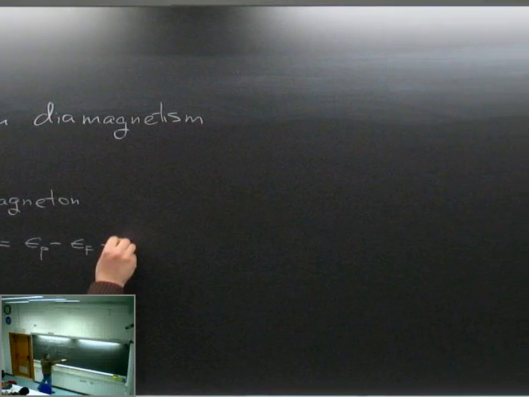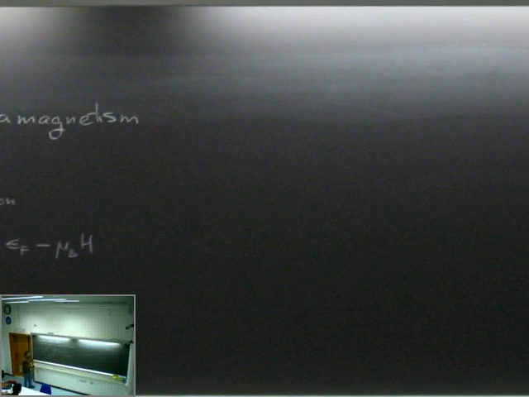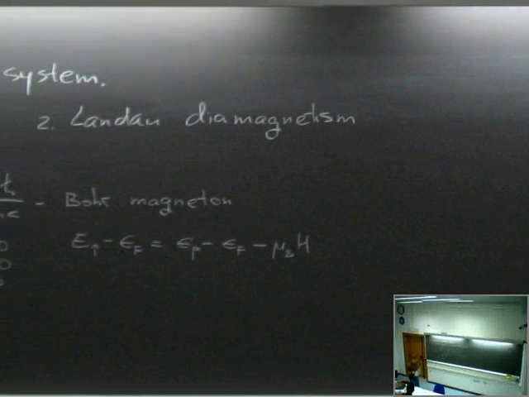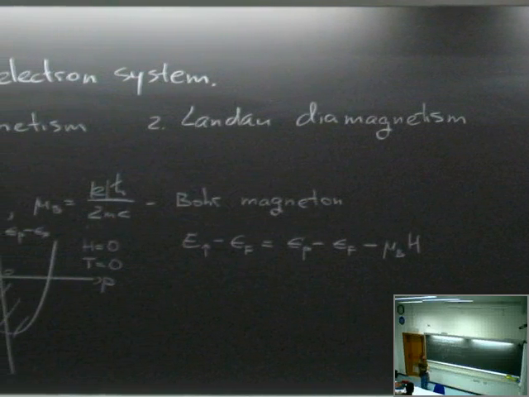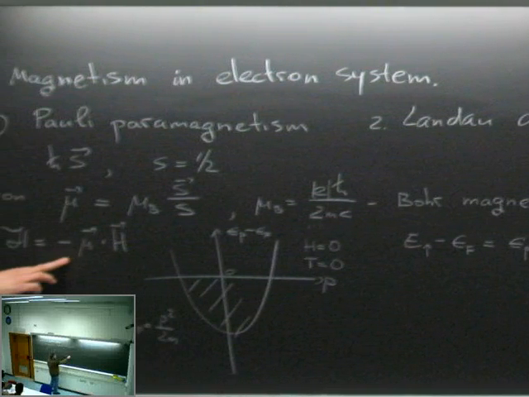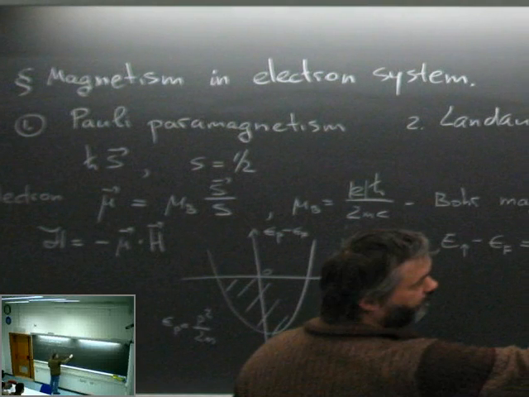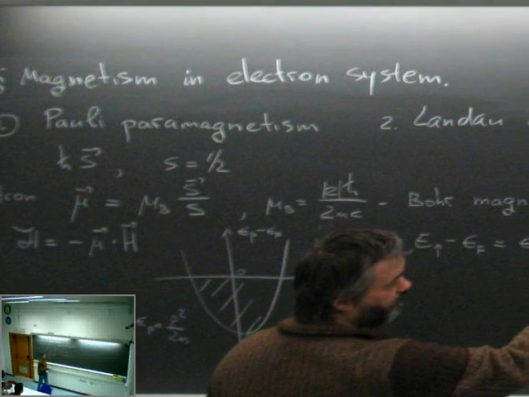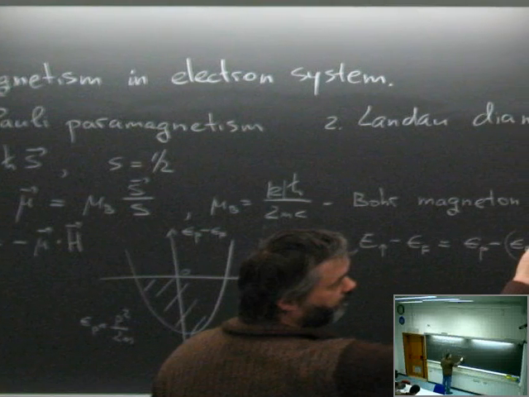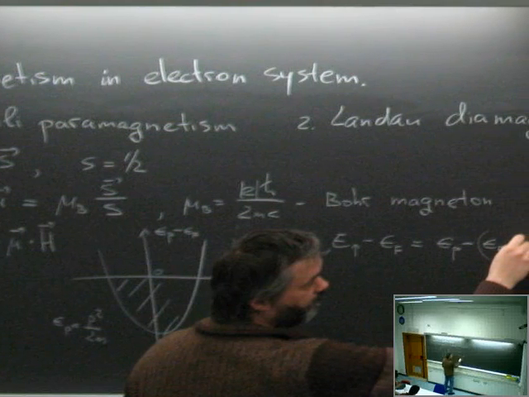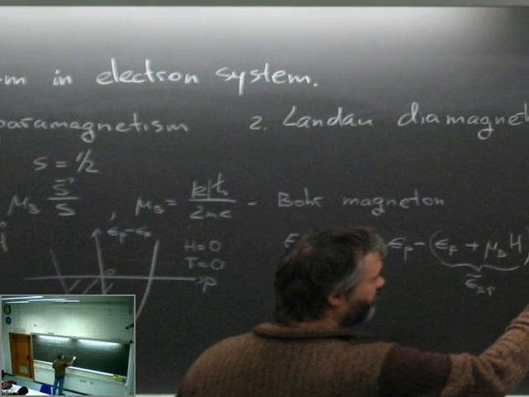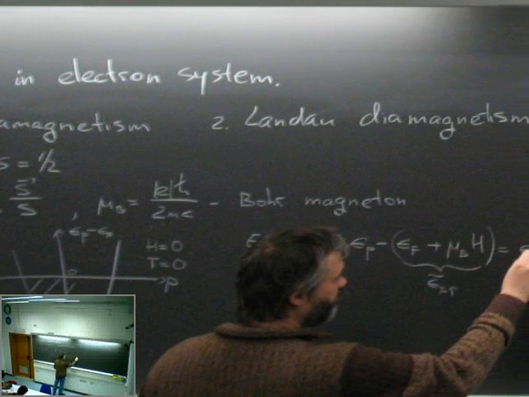So this is just an addition to the energy, and you see the sign is chosen to be minus, since the electron is a negatively charged particle. So this is the energy for spin projection up. Let me put a bracket here, and denote this quantity as ε̃_F up, in order to be on the same footing with our previous consideration. So this is ε_p minus ε̃_F up.